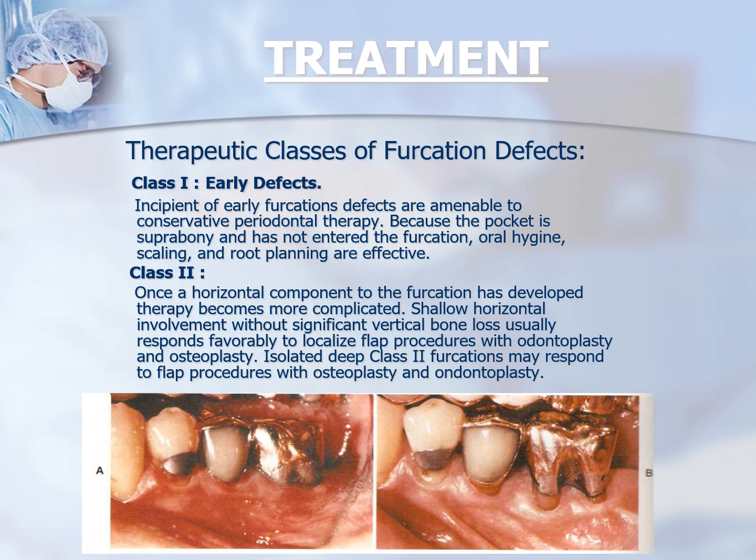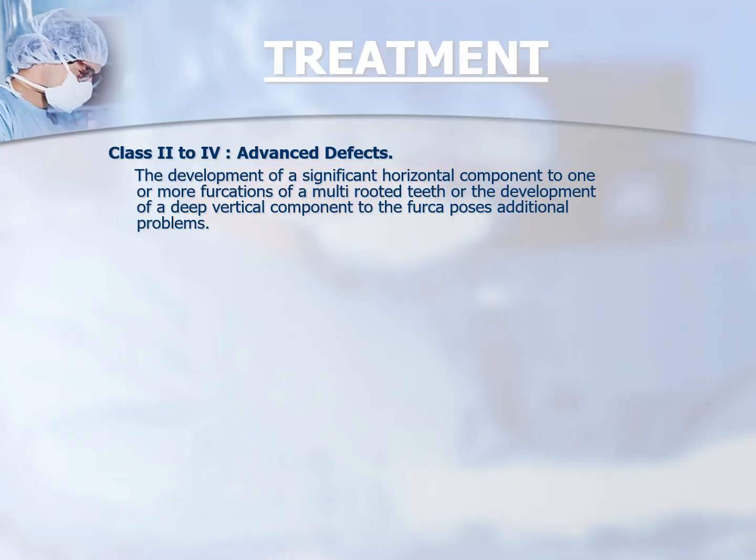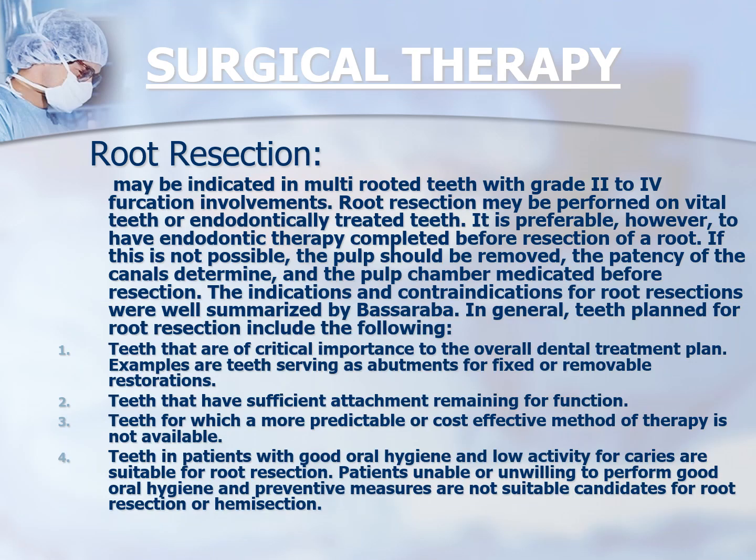Class 2. Class 2 furcation definitely has a horizontal component to the furcation, and the treatment aspect is slightly more complicated. The class 2 furcation requires regenerative procedures that can only be done after a flap has been reflected.